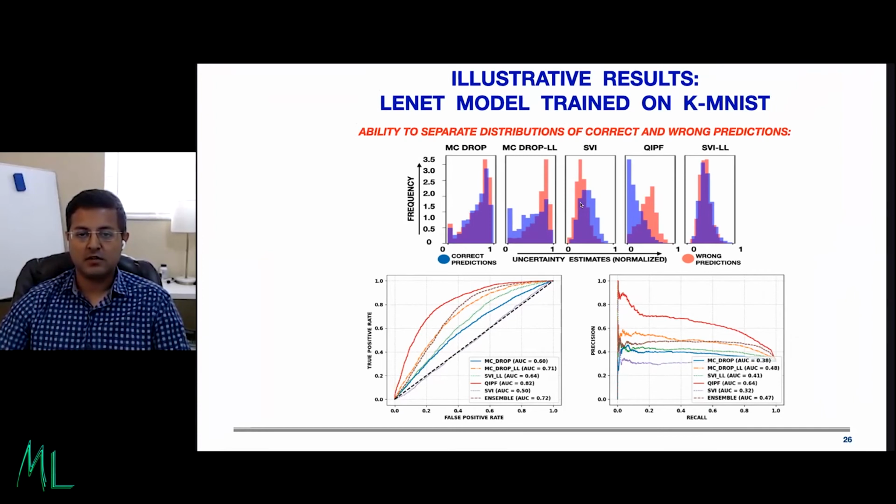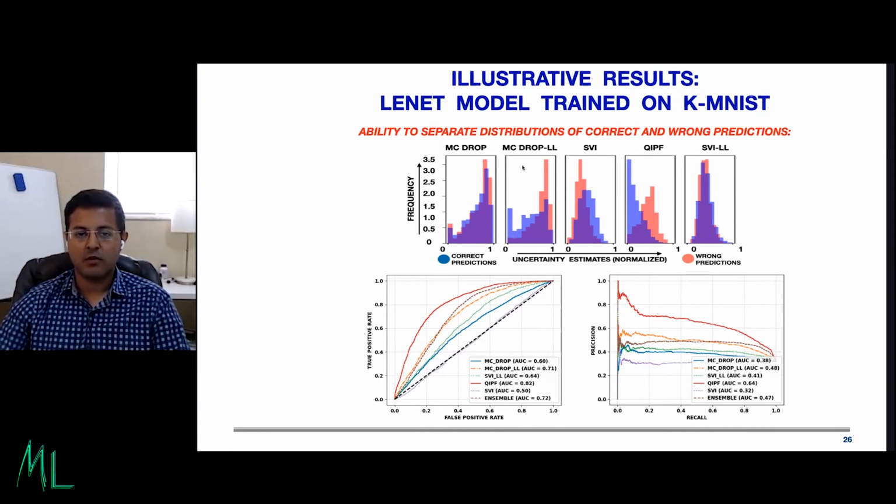And we do this using the histogram of uncertainty values of correct and wrong predictions. The histogram of correct predictions is denoted by the blue histogram, and the histogram of the uncertainty estimates associated with the wrong predictions is denoted by this red histogram, as you can see.